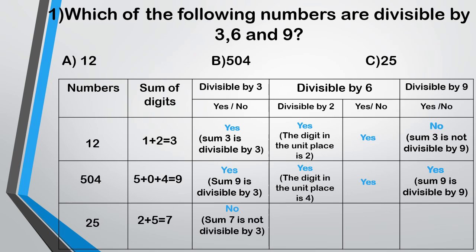Look at the last digit, 5. 5 is not an even number, so it is not divisible by 2 also. So 25 is not divisible by 3 and not divisible by 2, so it is not divisible by 6. It is not divisible by 9 also because 7 is not divisible by 9. So 25 is not divisible by 3, 6 and 9.